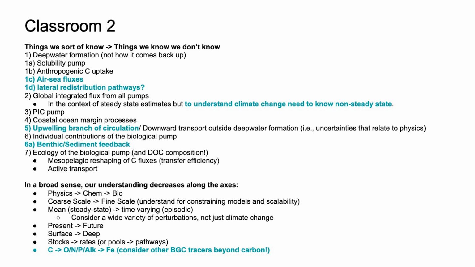But we also could talk about this in terms of scale, where we know more at a coarse scale, and we should take a better look at the finer scale processes. Then talking about temporal scales as well, we probably know more from the steady state perspective, and there's a lot of episodic pathways that we may just be missing in our understanding.